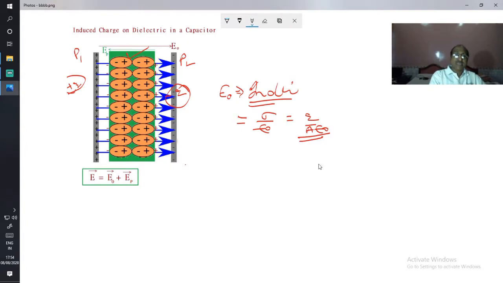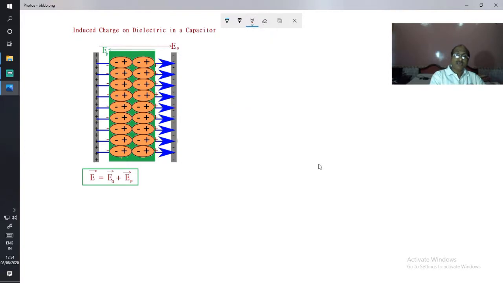As soon as this dielectric slab is introduced between the two plates, then what will happen? Due to the presence of this electric field produced between the plates P1 and P2, due to these inner static charges plus Q and minus Q, there will be an electric force on the total positive charge and total negative charge of an atom.